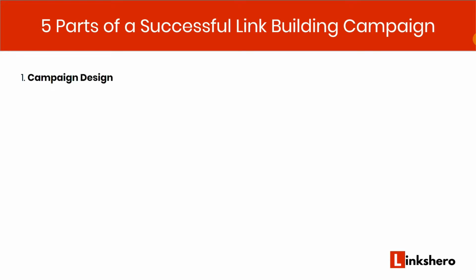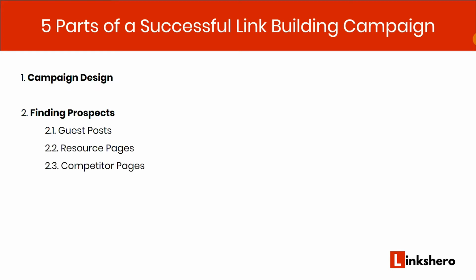So this is just an overview of what we are covering in this tutorial, and everything again starts with campaign design. So we want to have that first. Then we're going to look into finding prospects, and I'm going to talk about guest posts. I'm going to talk about resource pages. I'm going to talk about competitor pages. Then we move on to the work plan. This is really important to have when you start doing any sort of link building.